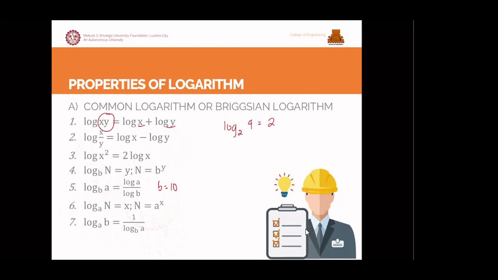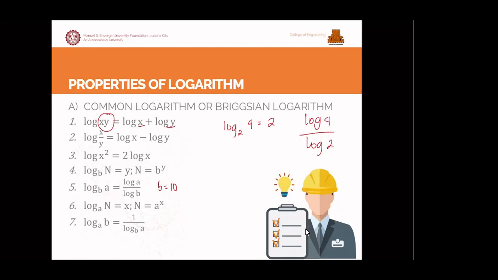So it becomes log 4 over log 2, following the notation given here.